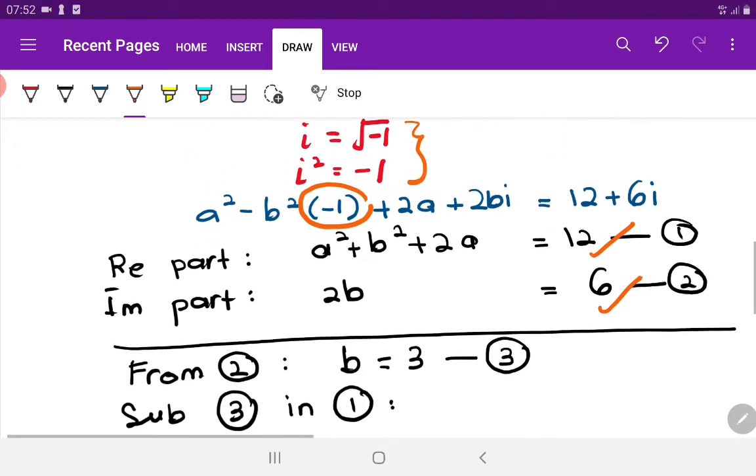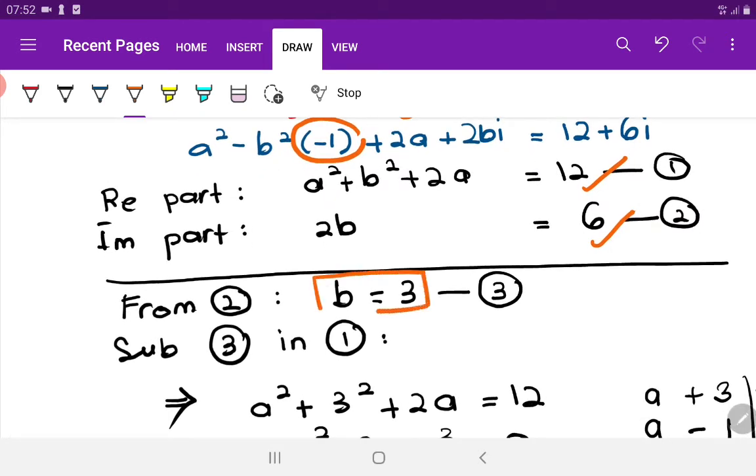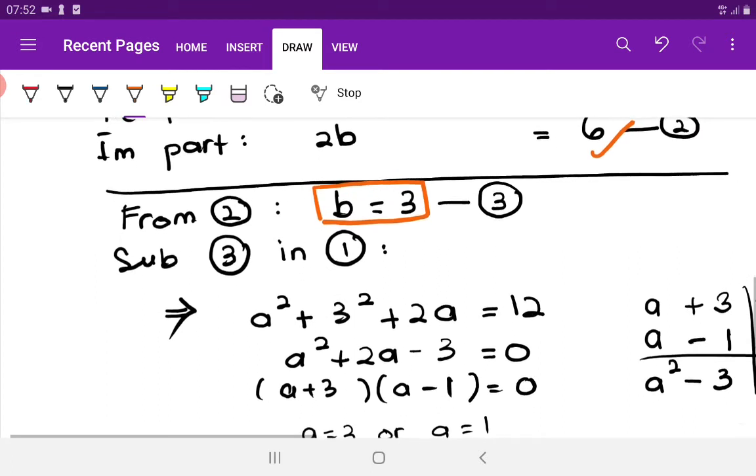After comparing, we can solve for imaginary part and get B equals 3. Then substitute B equals 3 in equation 1.